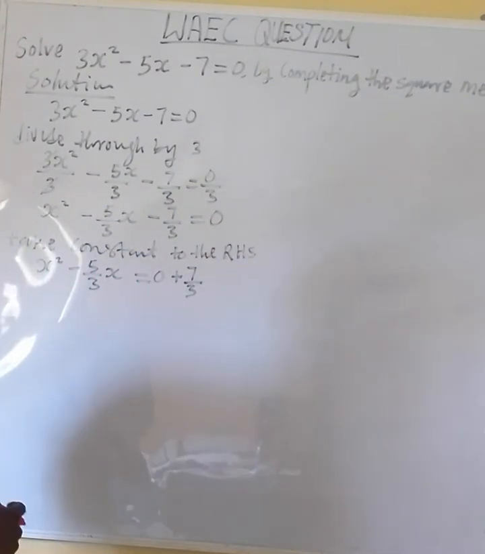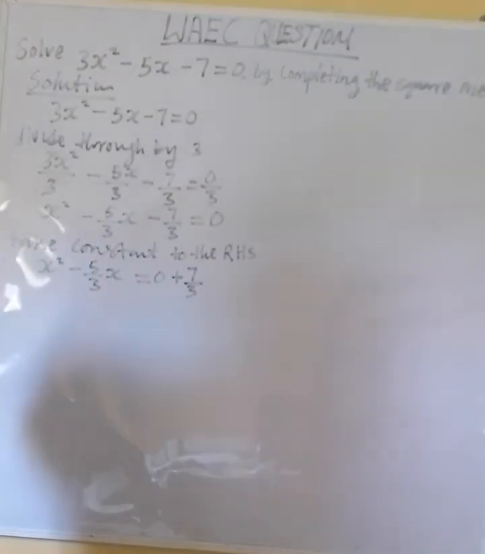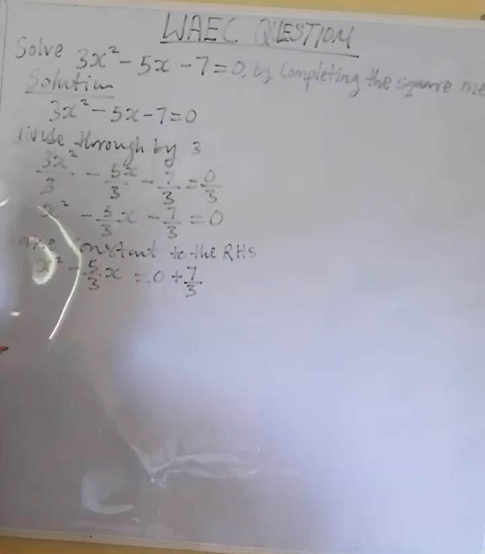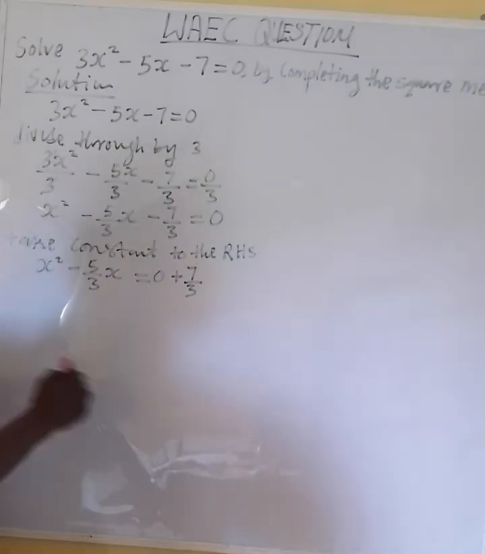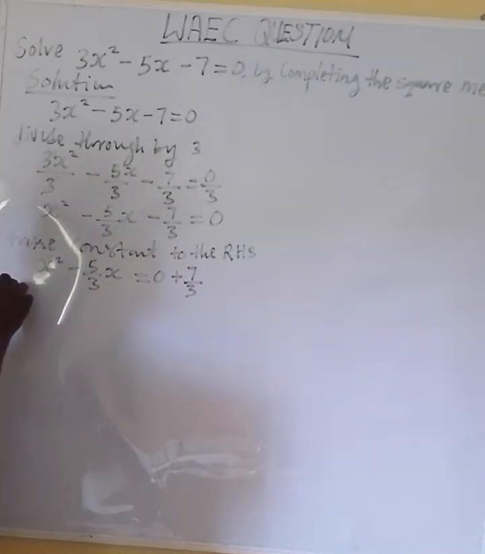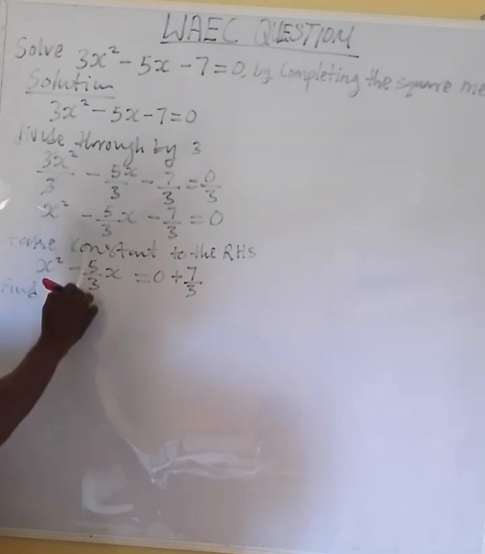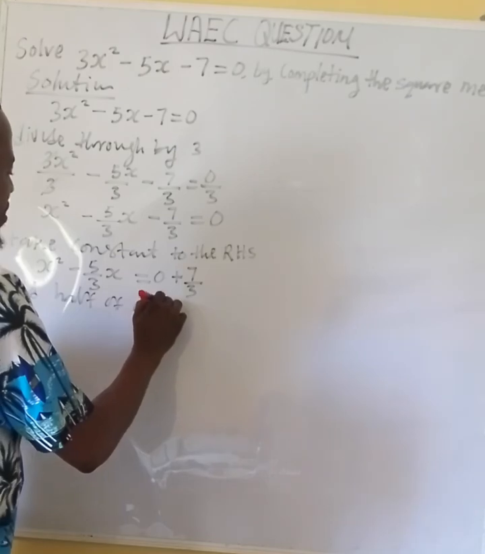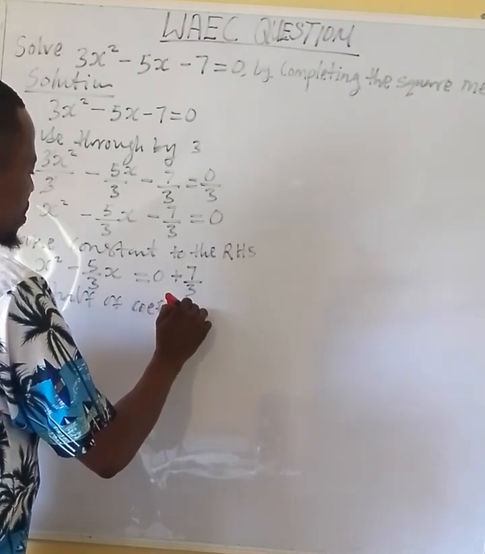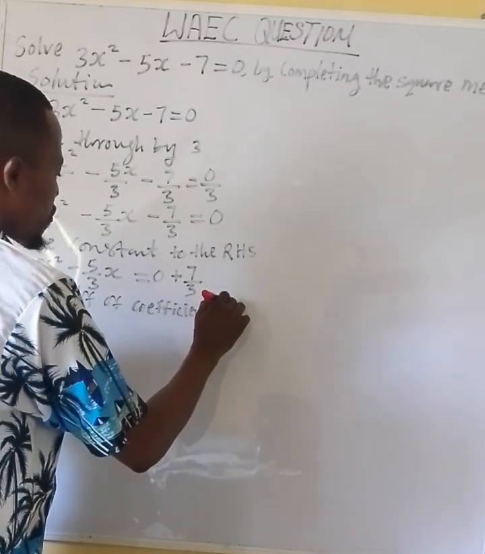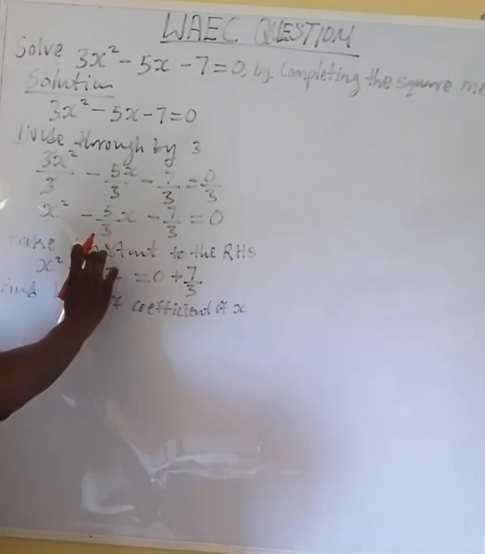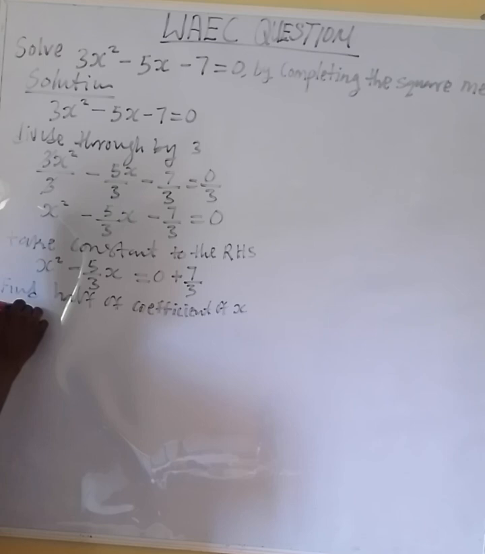The next step under completing the square method is, we now find half of the coefficient of x. The coefficient of x is minus 5 over 3.